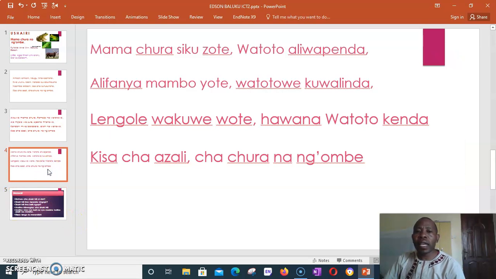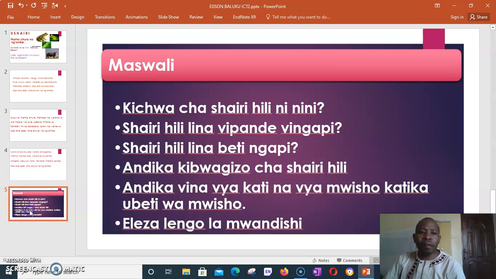But we are looking at the last stanza, and when you look at the last stanza, vina vya kati, we have te, li. Vina vya mwisho, we have nda, mbe.